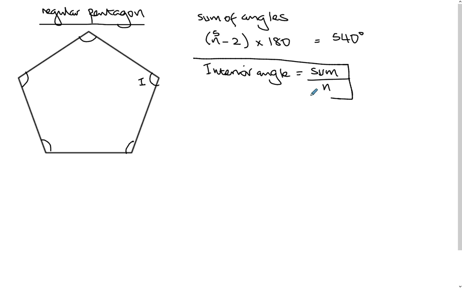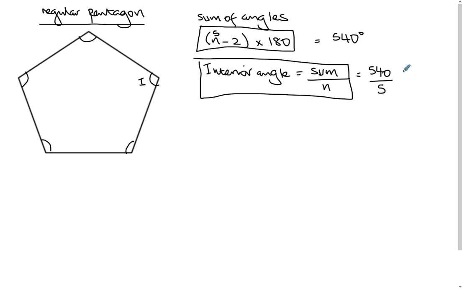Okay, so these are the formulas you just need to know. So your sum is 540 divided by your number of sides, which is the same as the number of angles, which is 108 degrees. All right, so that's 108.